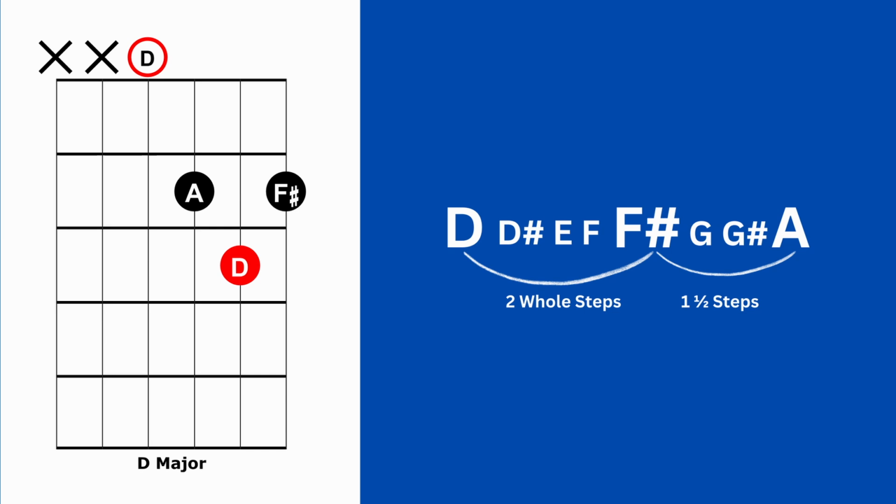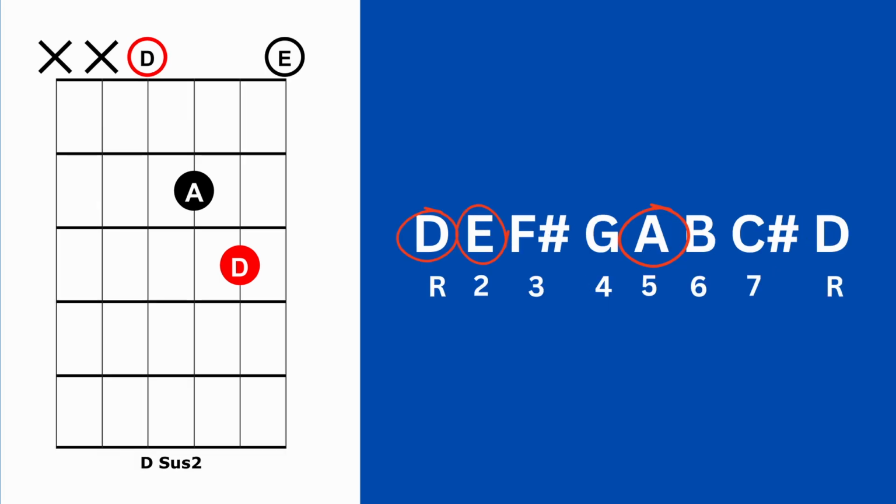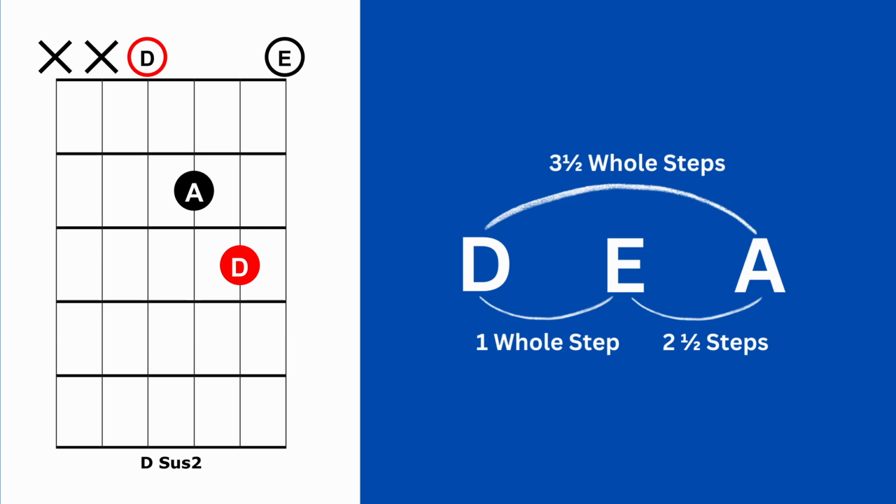Now, what's going on with a suspended 2 chord is rather than have the 3rd note of the scale, we have a root note, the 2nd note of the scale, and the 5th note of the scale. In this case, it's D, E, and A, so it's 1 whole step from the root note to the 2nd, and 2.5 steps from that 2nd to the 5th, and it's still 3.5 steps from the root note to the 5th.